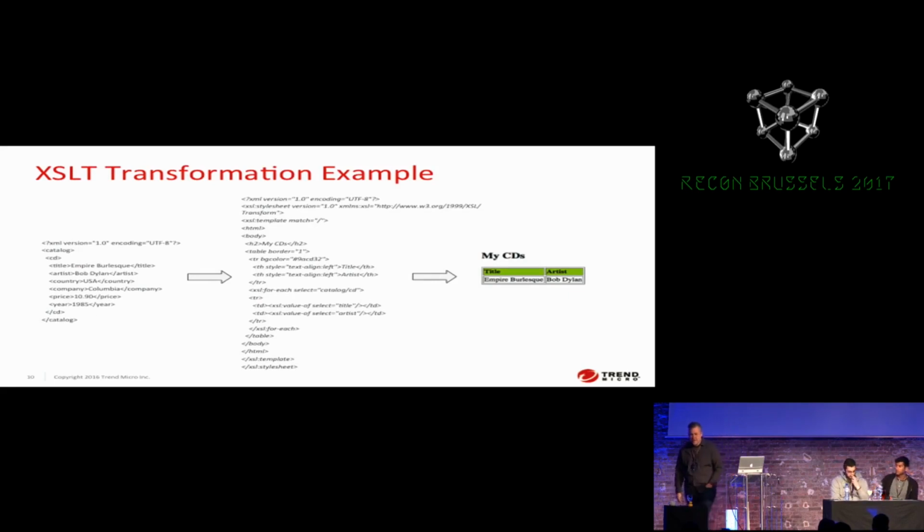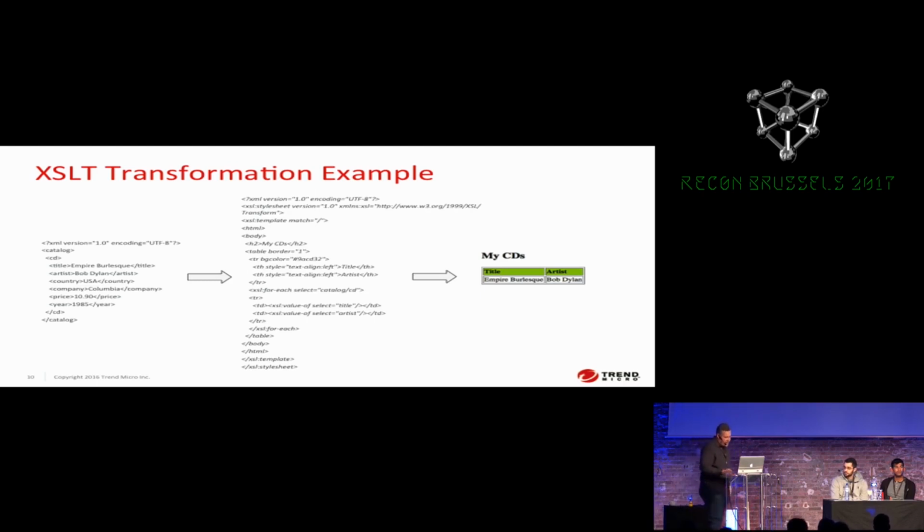So an XSLT transform is really simple and looks like this on the screen. It's probably hard to read in the back, but this XML on your left contains a catalog with multiple CDs, with a bunch of metadata related to the CDs themselves. In the middle there's an XSLT document that's going to transform that XML into the HTML that you see on the screen.